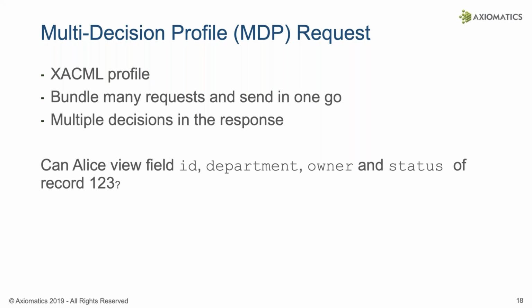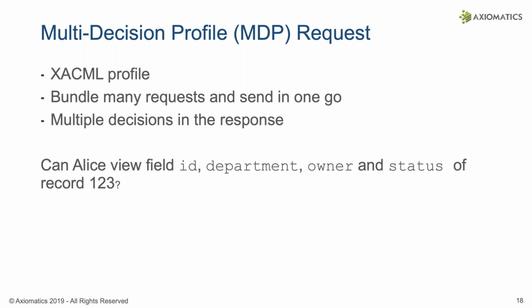We are going to have to leverage a different kind of policy, one that has awareness of the fields in the payload. In my case, the resources I'm dealing with are records, and they have ID, department, owner, and status. So I could have 4 policies on that.